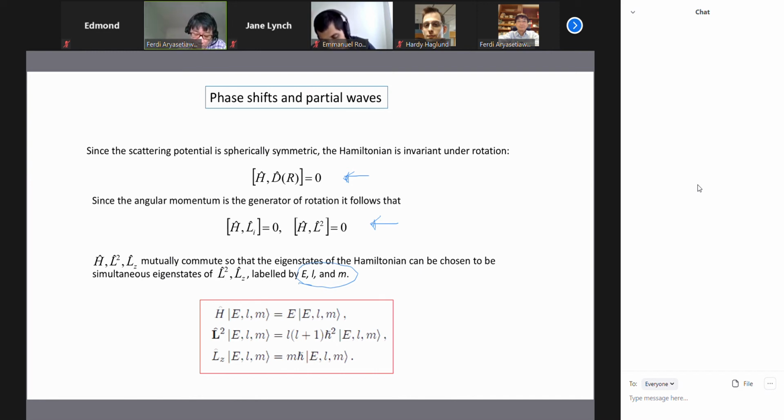I put this in the red box here. We have the state labeled by E, L, M. They are eigenstates of H, L squared, and Lz. These are just the angular momentum states. We are familiar with this, for example, in the case of atoms, with the hydrogen atom as the simplest example.